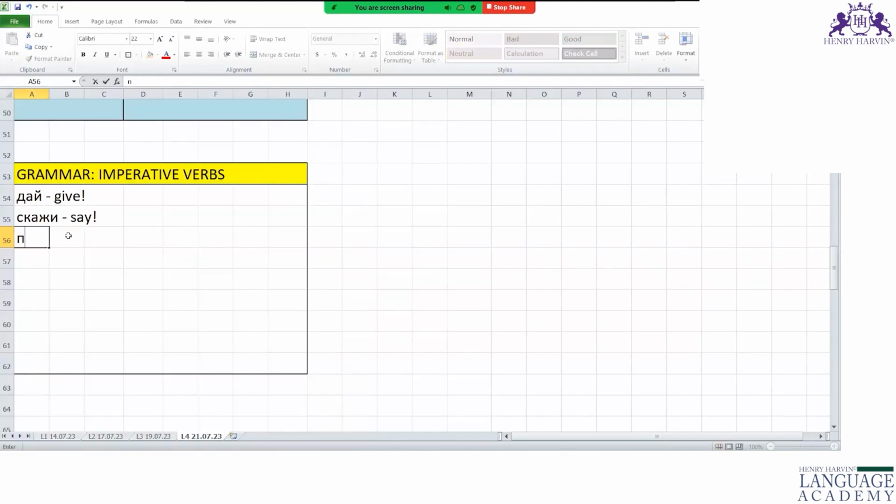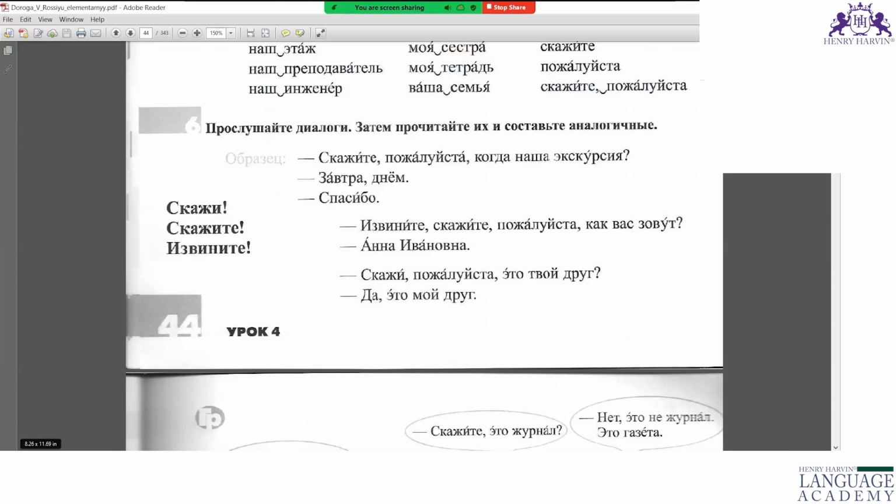Then покажи. Покажи is show. Then we'll take another verb, читай. Читай, read. Дай, скажи, покажи, читай.